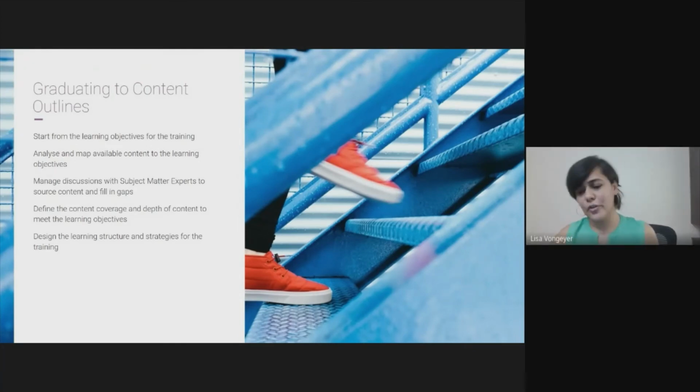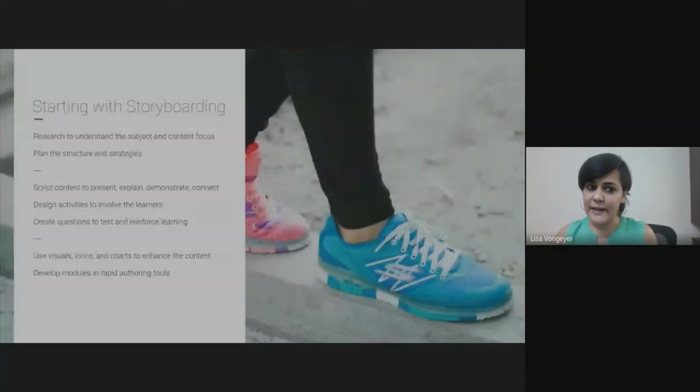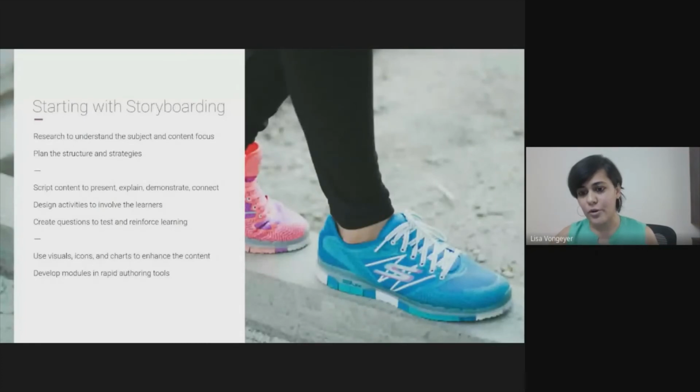Okay. So this may be my experience, being in a field where this is your core skill set. It is broken down into chunks. For us, the way that we do it is that storyboarding is just your script. If you're creating a workshop or an online training, it's just the content that goes in there.